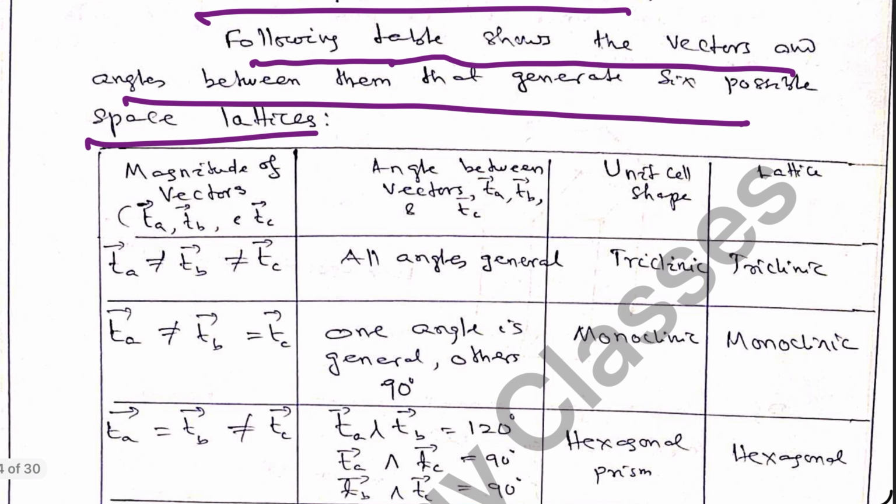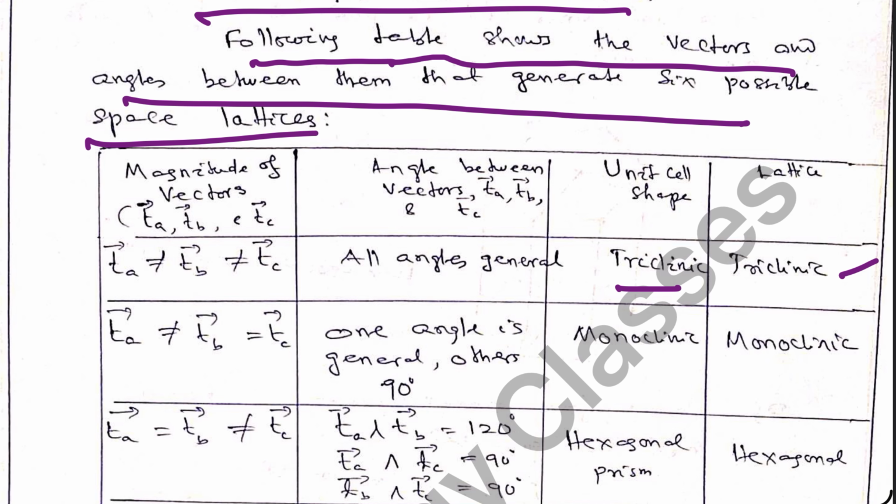Magnitudes of vectors t_a, t_b, t_c. Then the angles between t_a, t_b and t_c, unit cell type and the lattice. If t_a is not equal to t_b is not equal to t_c, and all angles are general, not 90 degrees, it will be triclinic. The unit cell will be triclinic type, the lattice will be triclinic.